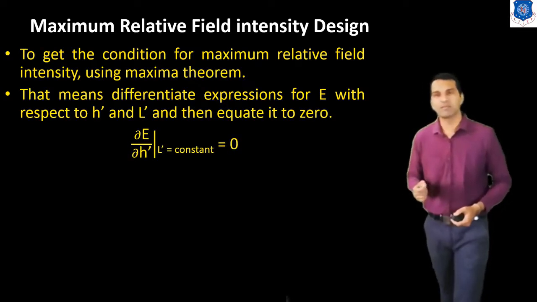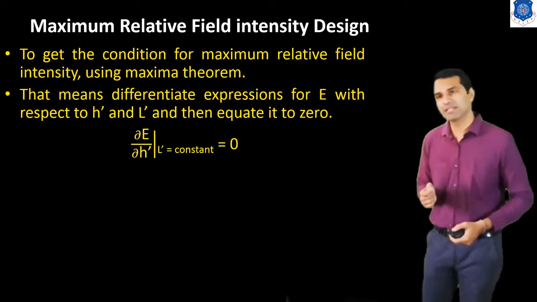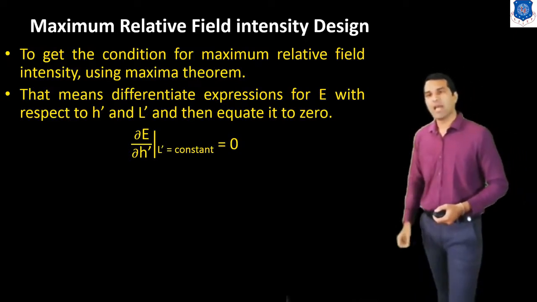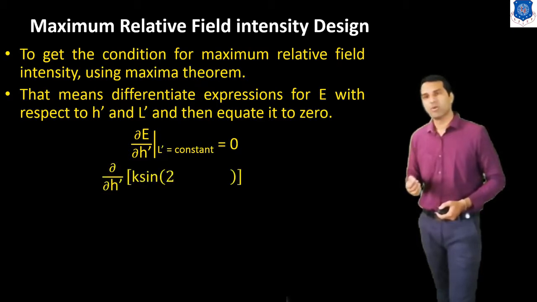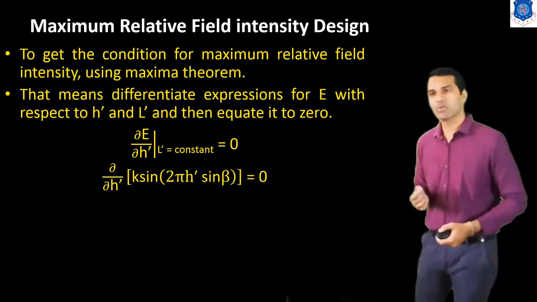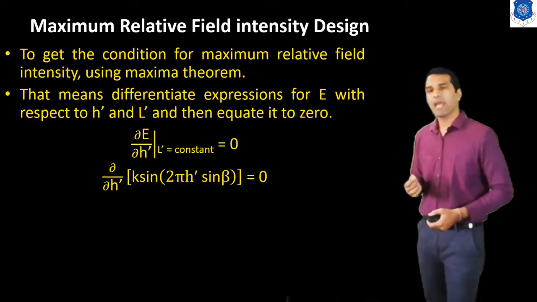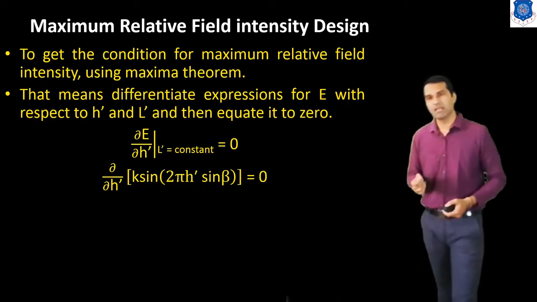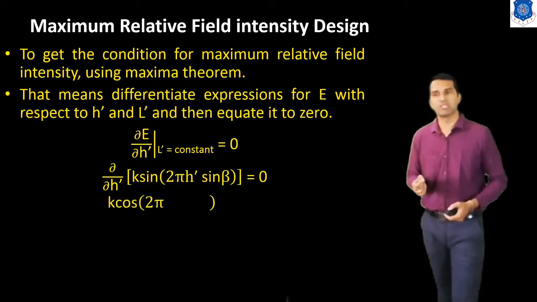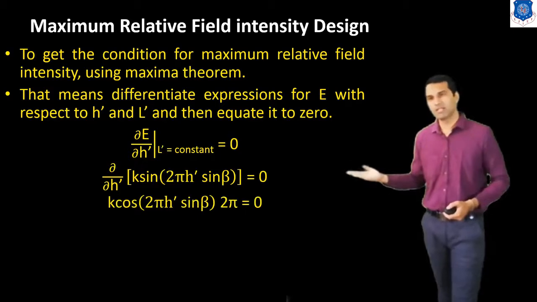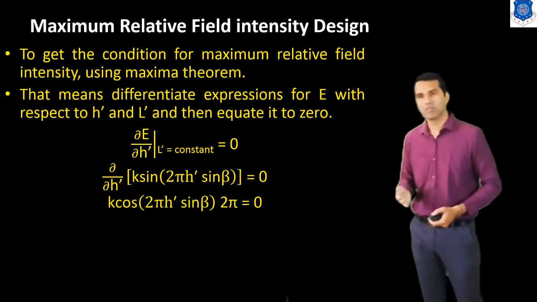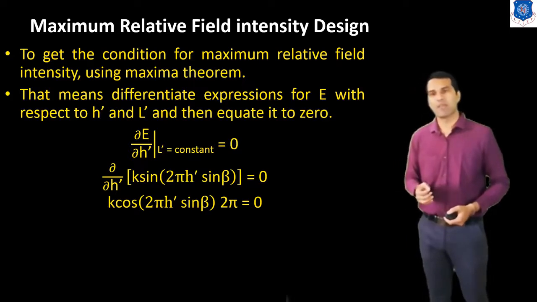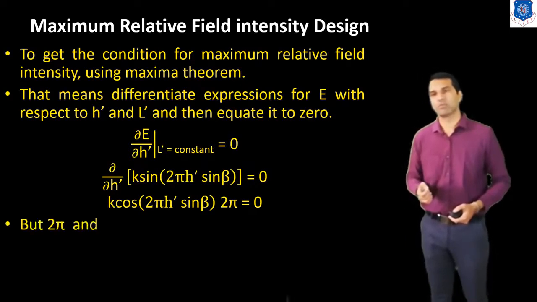That means the condition del E by del h dash, where L dash is constant. So we differentiate: d by dh dash of k sine(2 pi h dash) sine beta equals 0, which gives k cos(2 pi h dash) sine beta times 2 pi equals 0.